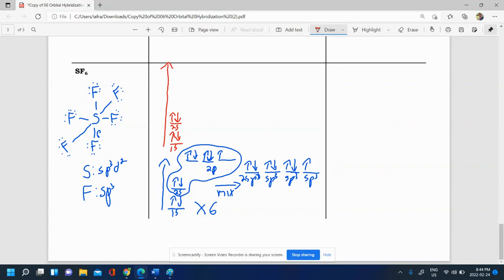We then have our 2p. We have our 3s. And then we have our 3p. So this is our 3s, 2p here, and then our 3p.